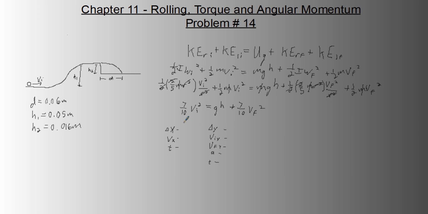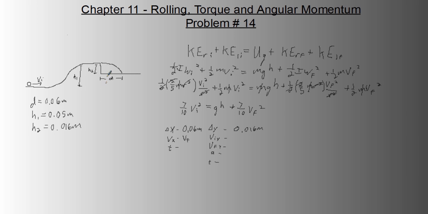So in the x direction it goes d, 0.06 meters. Well, we need this. This is vf over here, up here. Delta y, it drops down h2, so that's 0.016 meters.